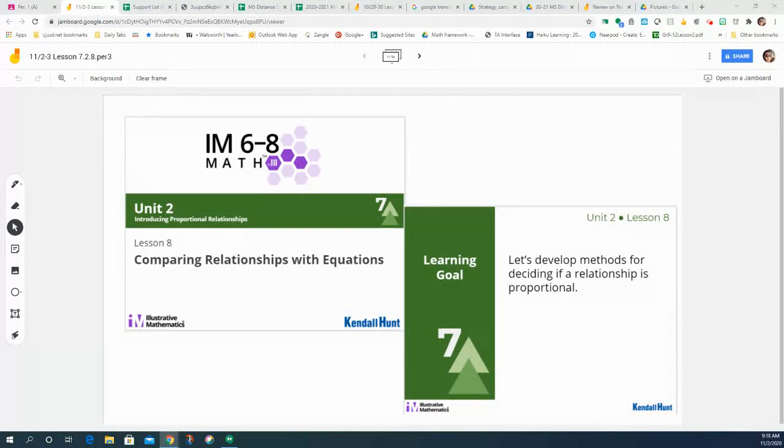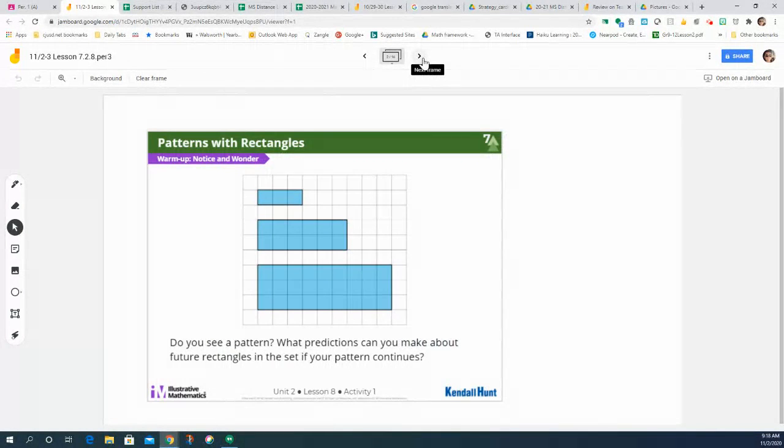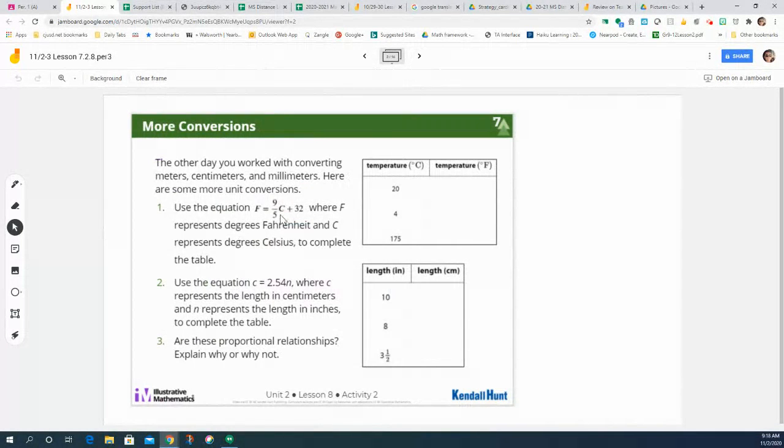We're going to talk about the equation F is equal to 9/5 C plus 32, where F represents degrees Fahrenheit and C represents degrees Celsius, to complete the table.